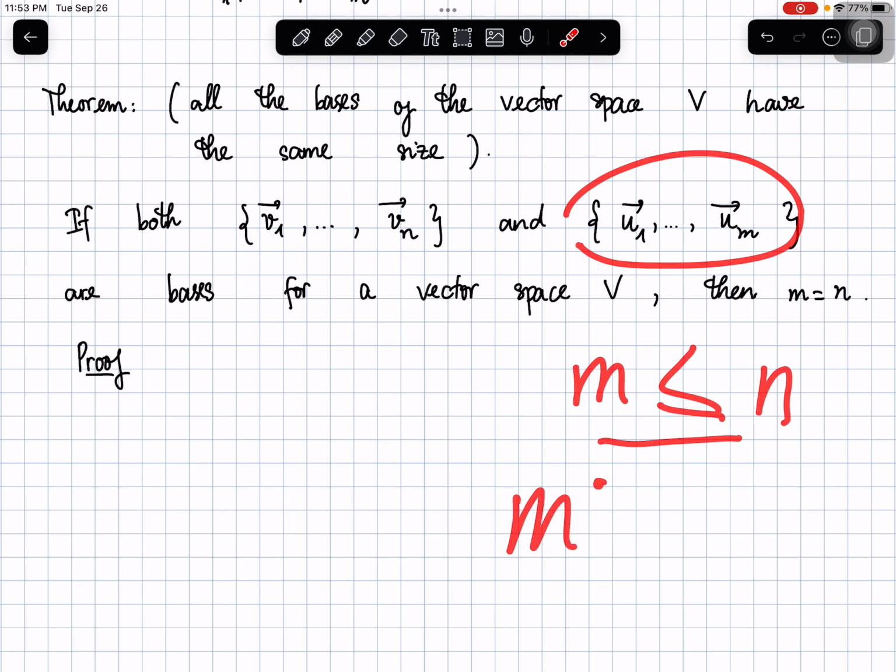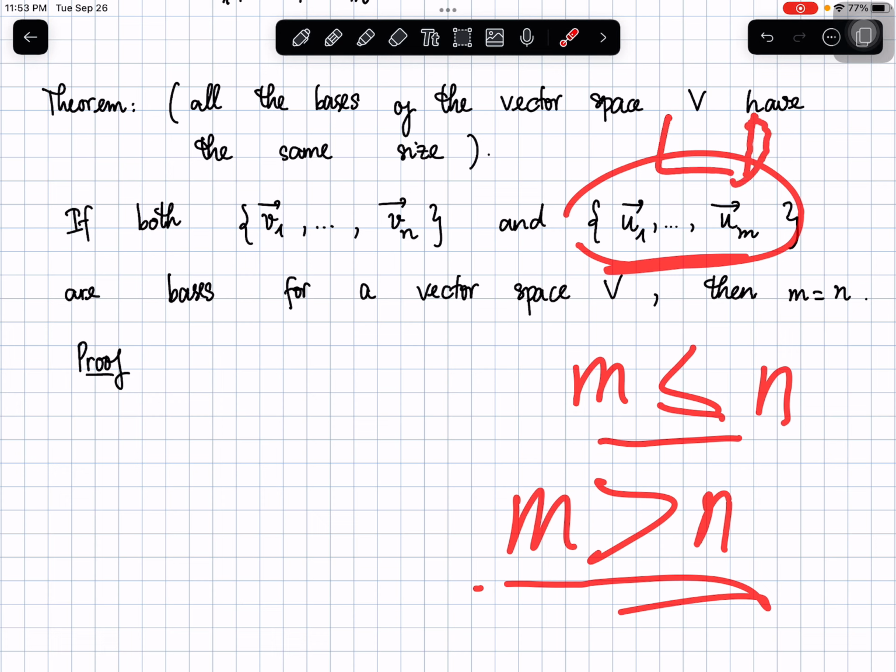Because if m is strictly bigger than n, then this set must be linearly dependent, right?